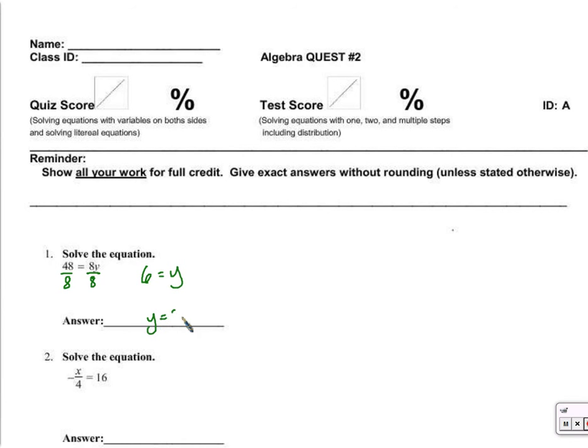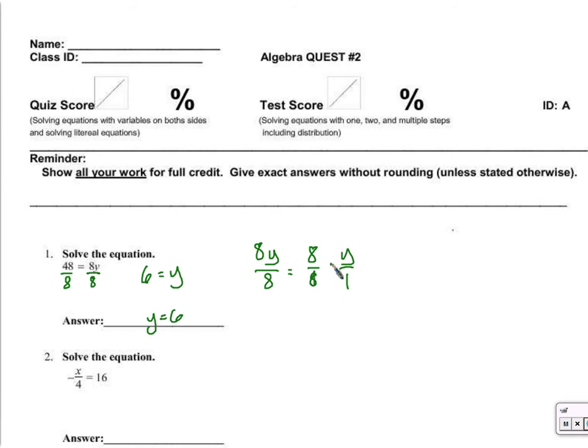Let me just, again though, justify that 8y over 8 is y, right? It's not magic, it's math, so let's look at the math of it. We have 8y divided by 8. I can write that as 8 over 8 times y over 1.